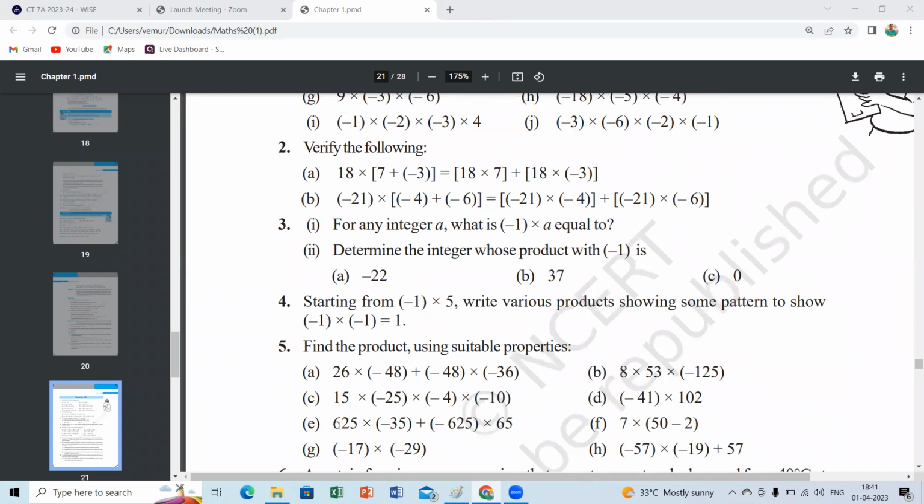We are done, children. Anubhav, are you doing? Yes, ma'am. Come on, please. What is LHS? What is RHS? Whether it is matched or not, please let me know.